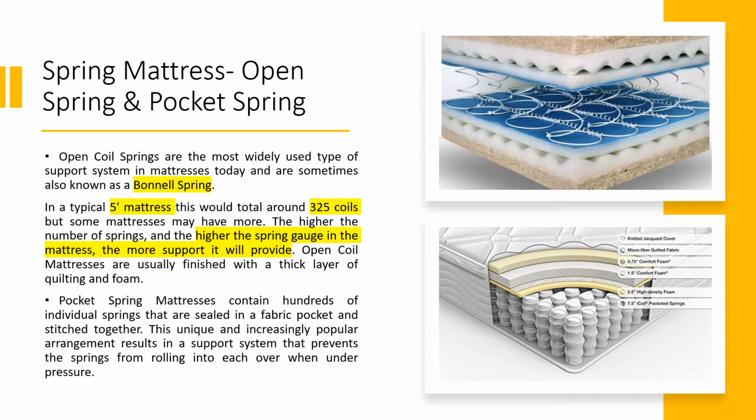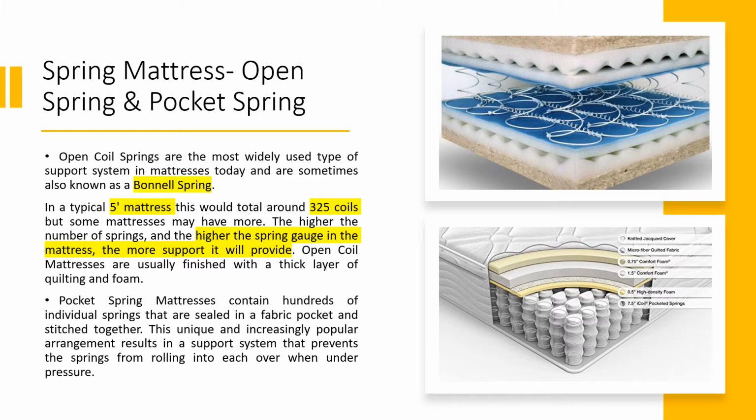Open coil springs are the most widely used mattresses, and they are sometimes also called Bonnell spring. In a typical 5-inch mattress, there would be around 325 coils, but some mattresses may have more. The higher the number of springs and the higher the spring gauge in the mattress, the more support to the body.